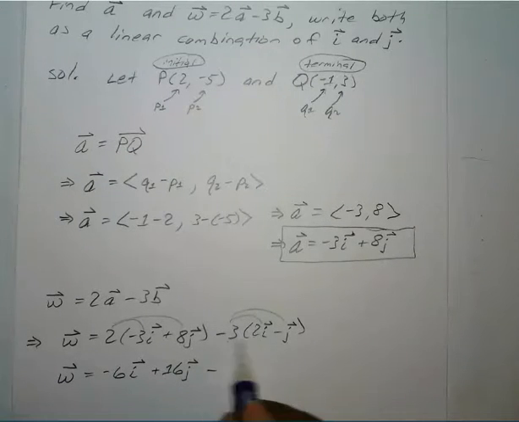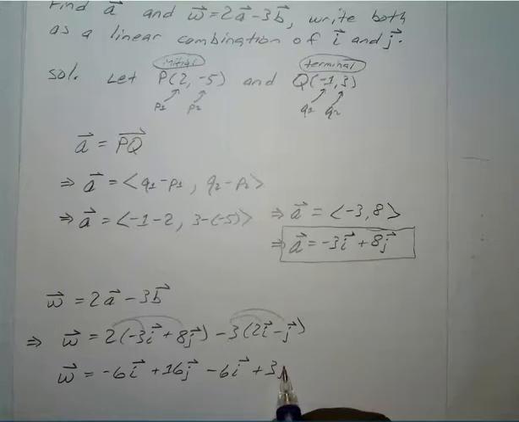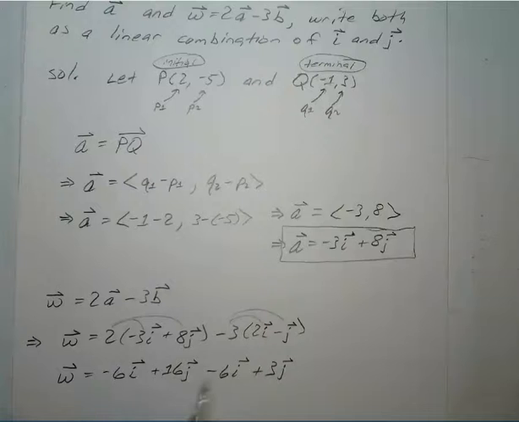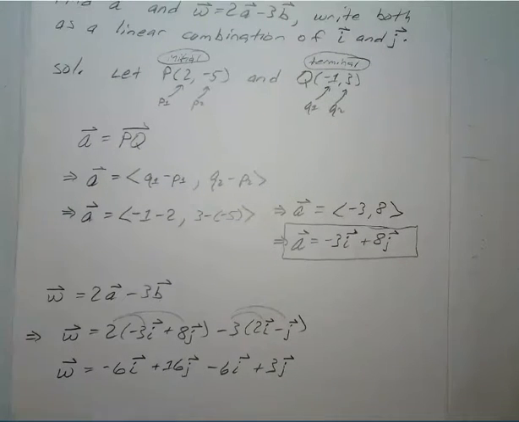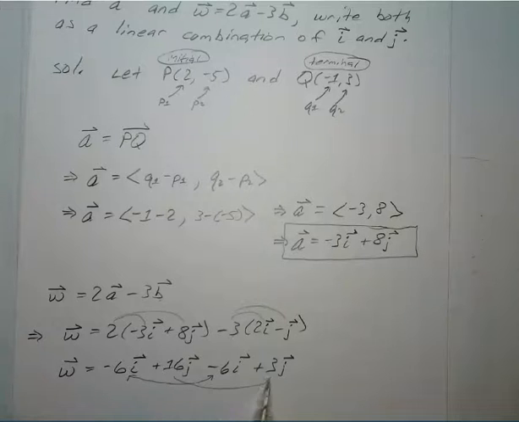Minus 3 times 2 is -6 I vector, plus 3 times your J vector. Even though your I's and J's aren't variables, when you're combining like terms, you pretty much treat them like variables. So you combine your I terms and your J vector terms.